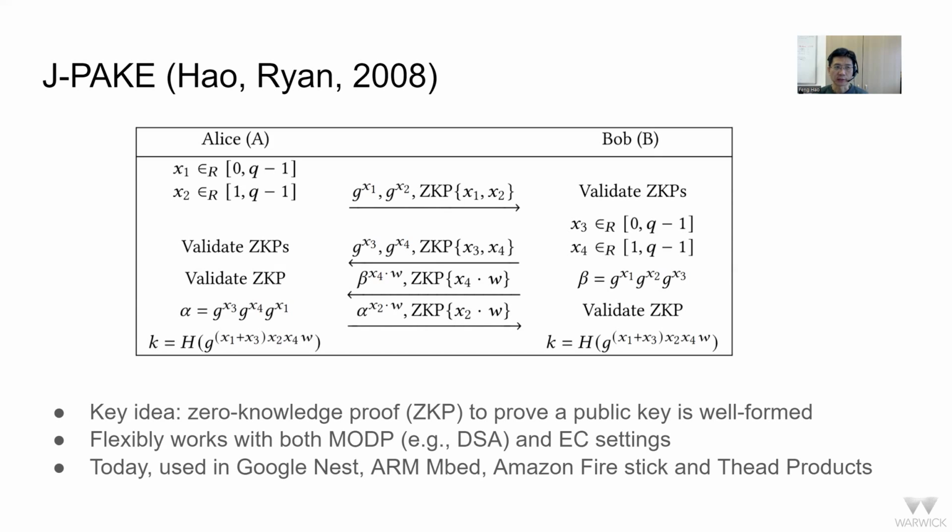If you see the public key as a ball, it's like the two parties are performing a juggling game. The key idea here is to use zero-knowledge proofs to prove that the received public key is well formed. In other words, the sender actually knows the private key.